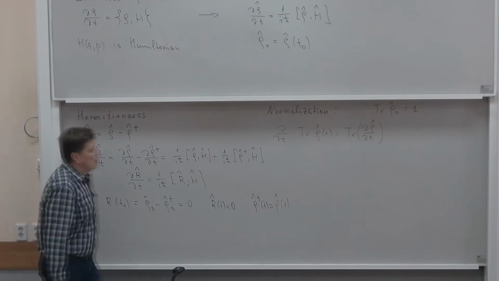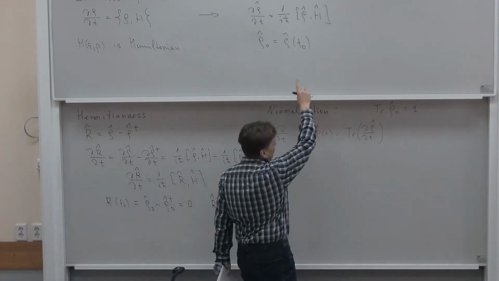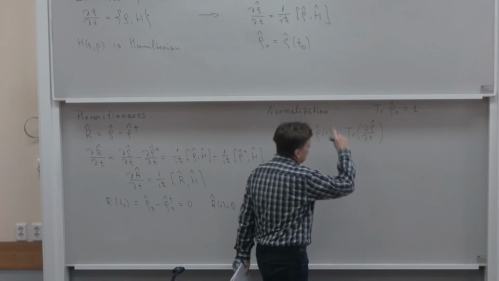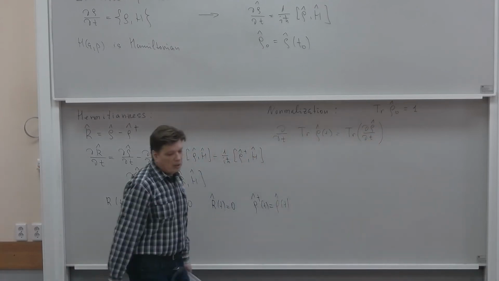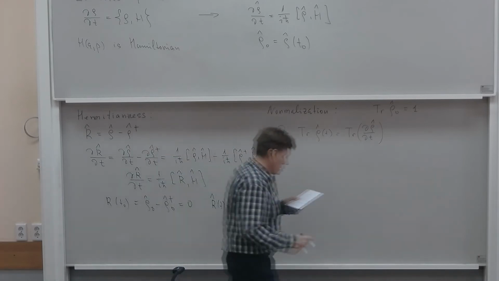Now again, using the von Neumann equation, I can replace this partial derivative by the commutator with the Hamiltonian.